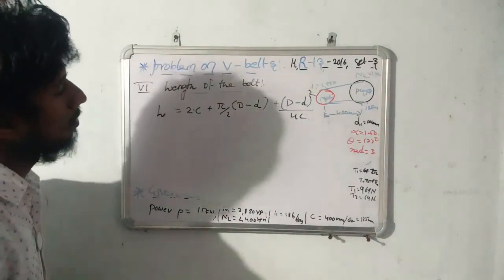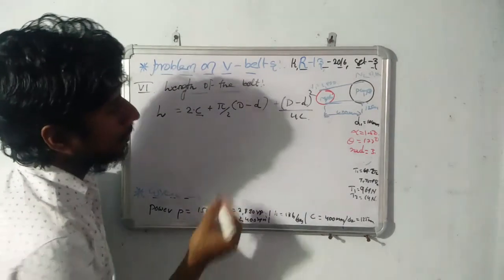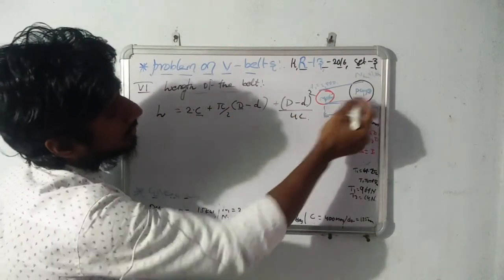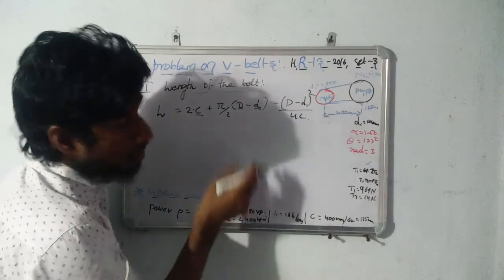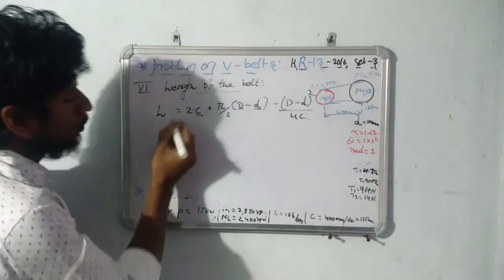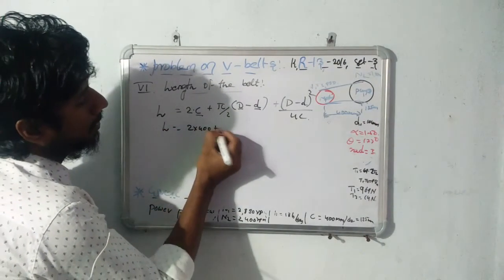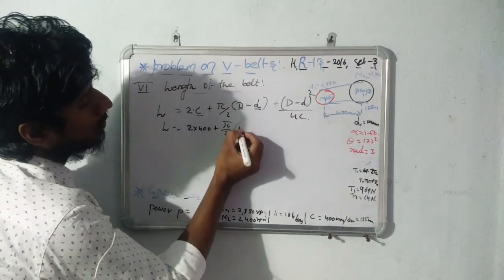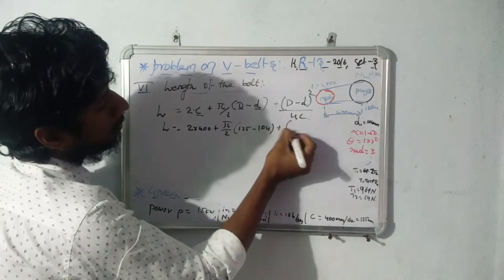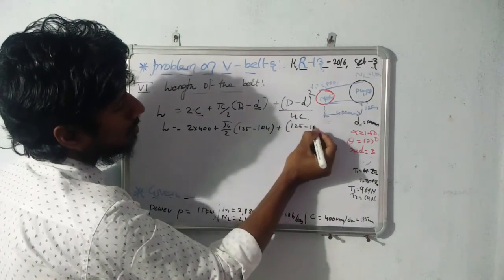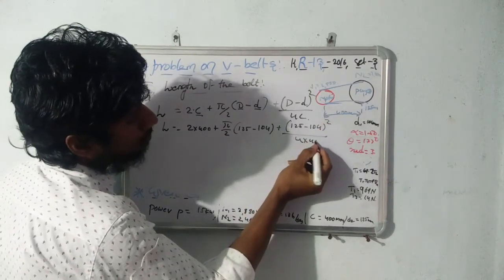So let's substitute the values here. We know the center distance between the two pulleys is 400 mm, and capital D is nothing but the pump diameter. We know that value, and small d is the motor diameter. We have already found that value. Substituting those values, L equals 2 into 400 plus pi by 2 into (125 minus 104) plus (125 minus 104) whole square divided by 4 into 400.